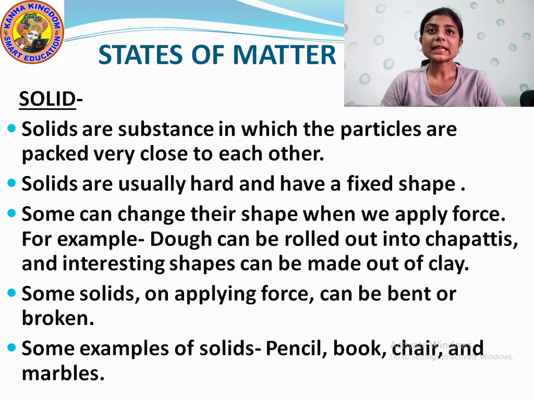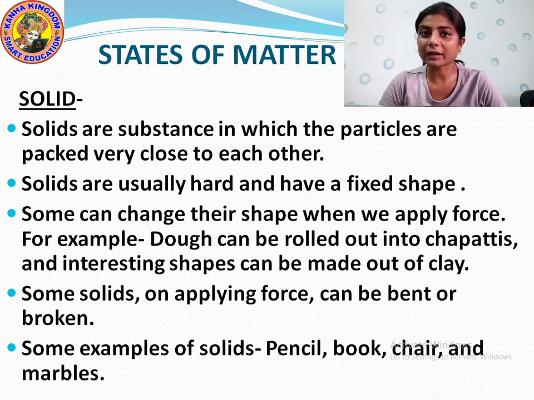Solids are usually hard and have a fixed shape, like table, chair, tree. Yes or no? These are some examples of solids which are very hard and they have a definite shape, a fixed shape.